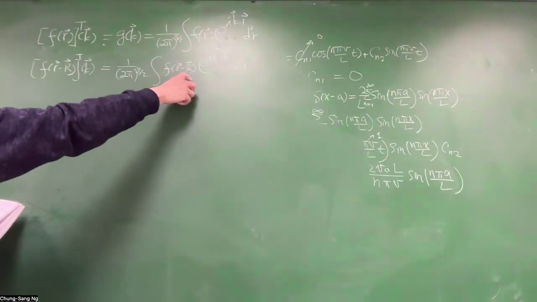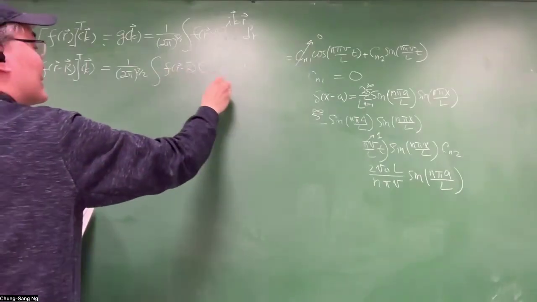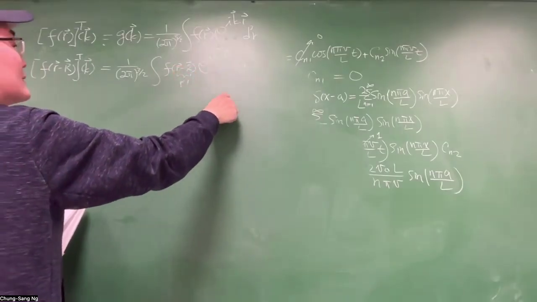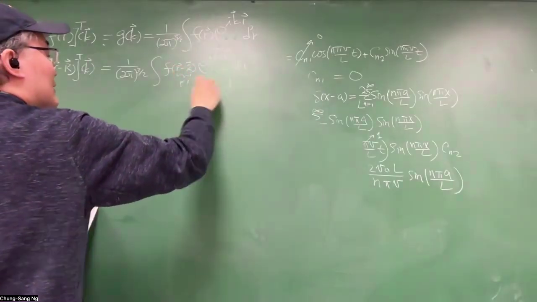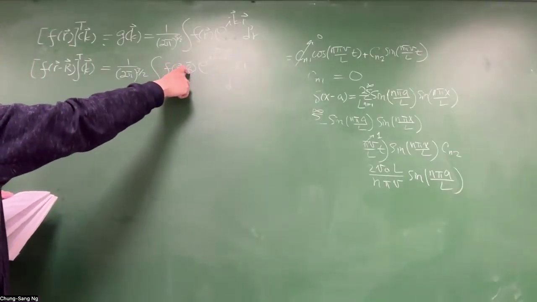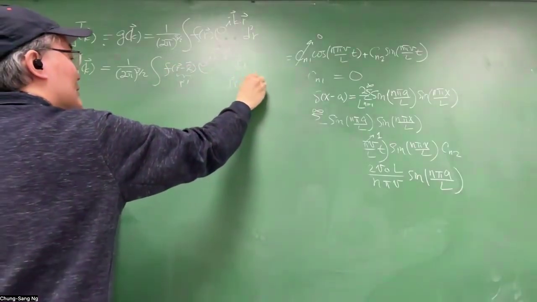The trick is to define a new variable, call this r prime. The idea is that r prime is just shifting r by a constant vector R, so the volume element doesn't change.